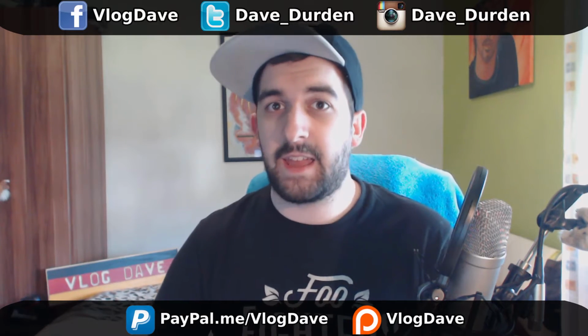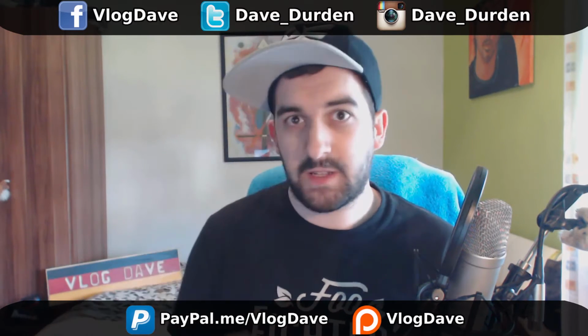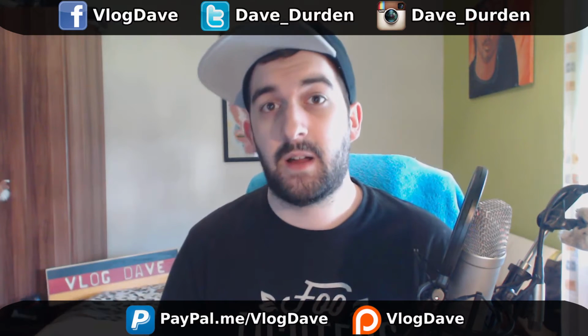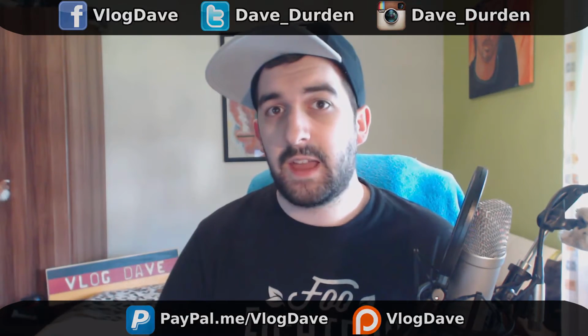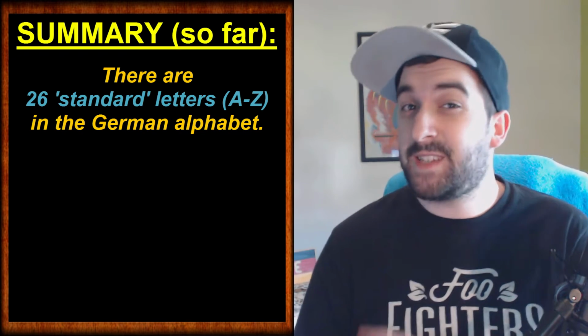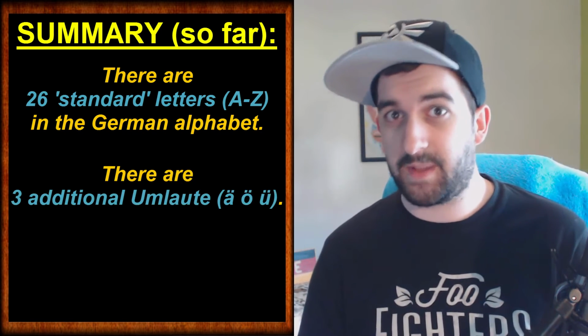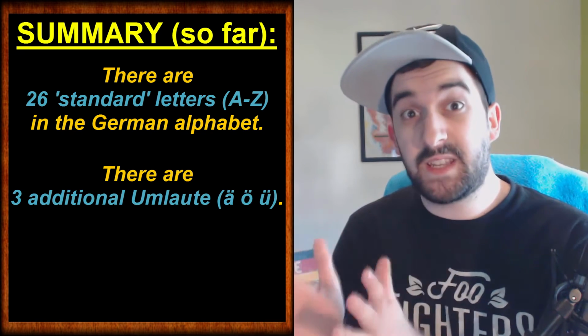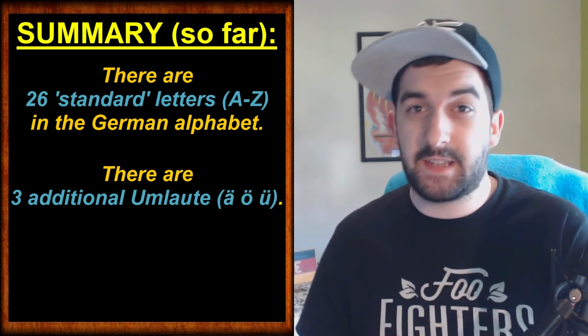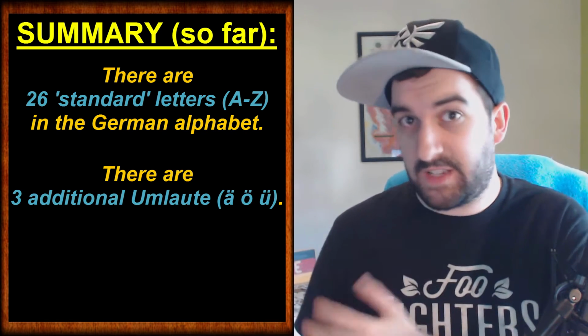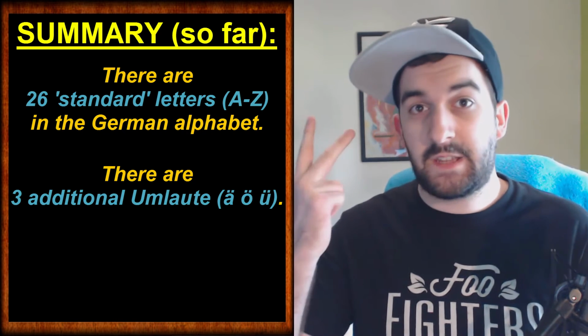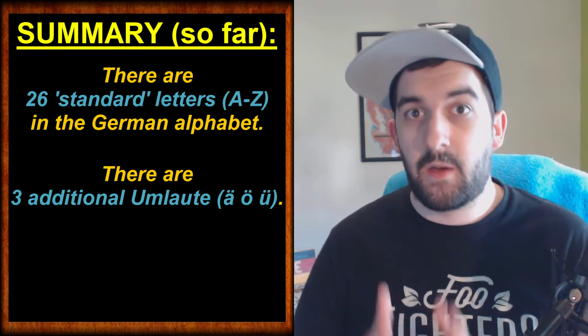So it's basically an A with 2 dots over it, and the same applies for O with 2 dots over it and U with 2 dots over it. So this makes 29 letters in the German alphabet so far. So we have 26 standard letters, A to Z, the ones you already know, and 3 additional Umlaute, Ä, Ö, Ü.